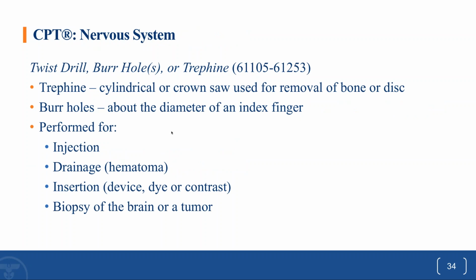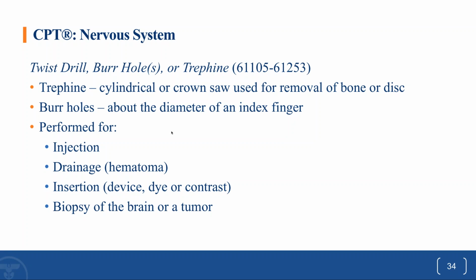This is under the skull, meninges, and the brain. We're starting in the nervous system. First thing I want you to take a look at is CPT code 61105. You notice I want you to highlight or underline where it says twist drill hole.